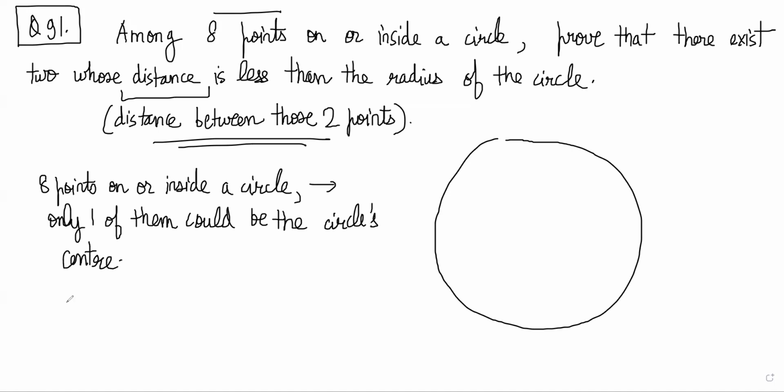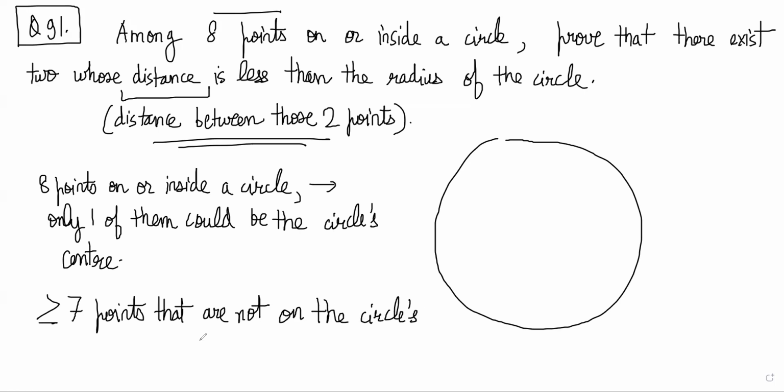So what that means is there are greater than or equal to 7 points that are not the circle center. So 7 or 8 points are lying on or inside the circle and they are not on the center, right?